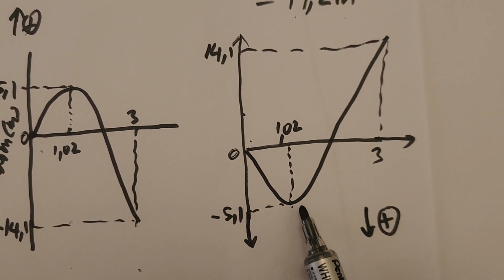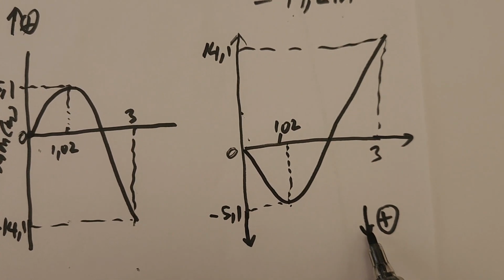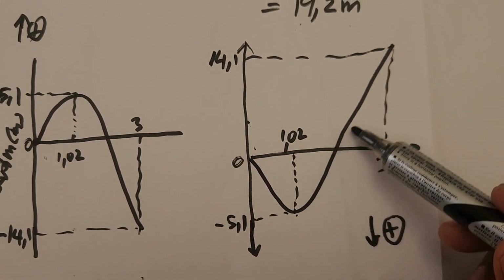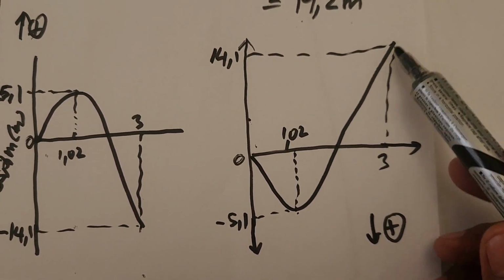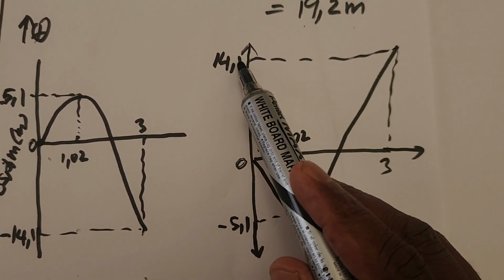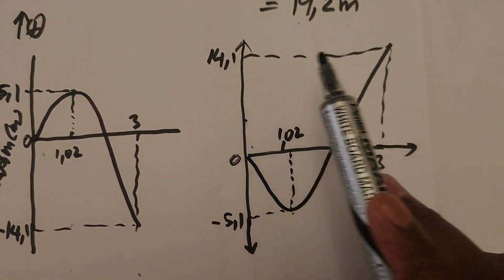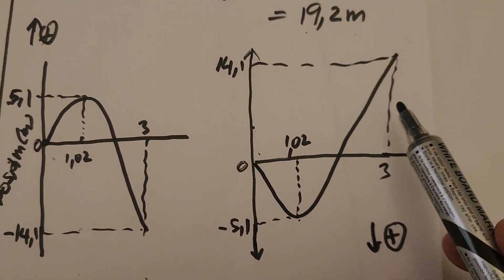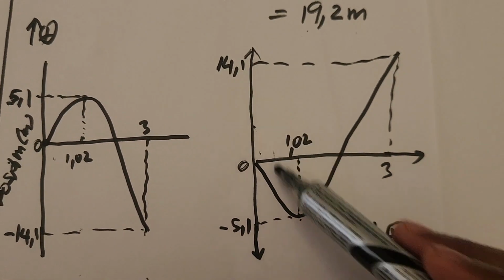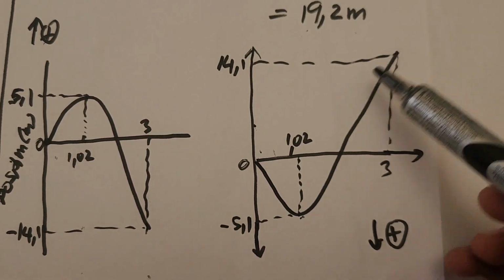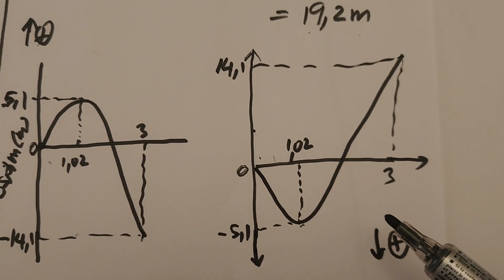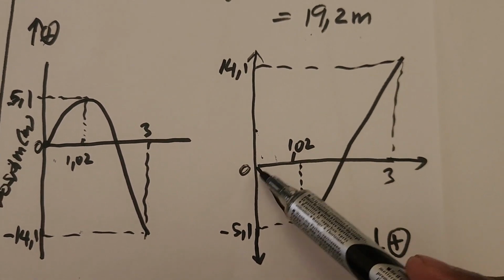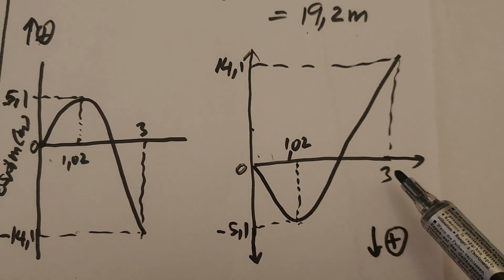Then from there on, because now it's heading downwards and we take downward as positive, the slope will be positive now. Can you see the positive slope? Yes, up until it reaches the height of 14.1 meters. So in total, from the top to this point, it will be 19.2 meters above the ground. So the whole trip takes 3 seconds in air.